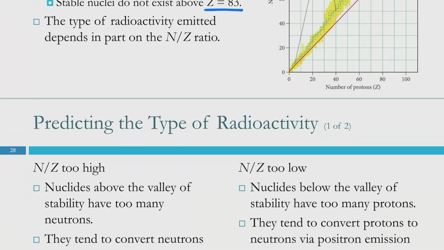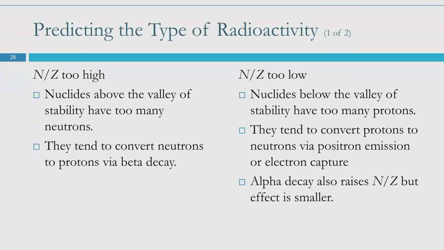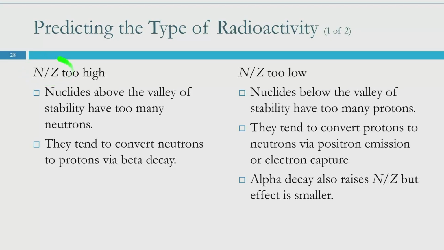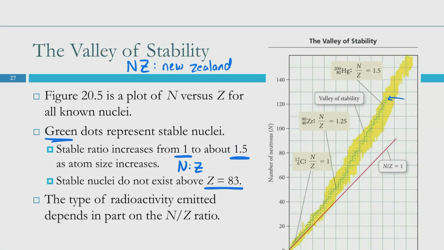And the way that we use it is by comparing the N to Z ratio. So if it's too high, meaning that we're above the Valley of Stability, the Island of Stability, like if we were up here, we're above New Zealand. This is going to be really unstable because we're outside of the stable zone.